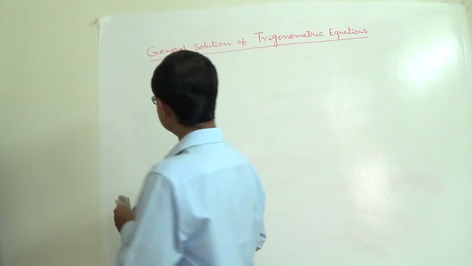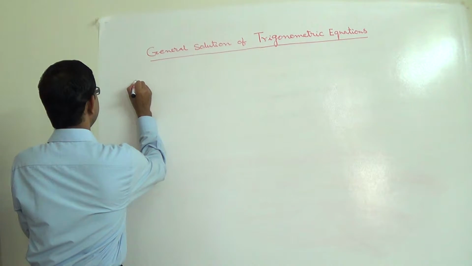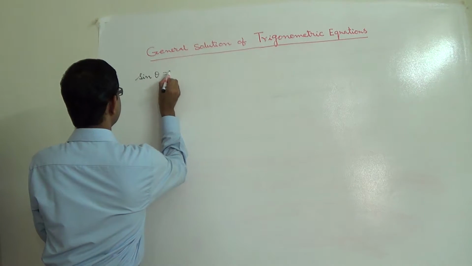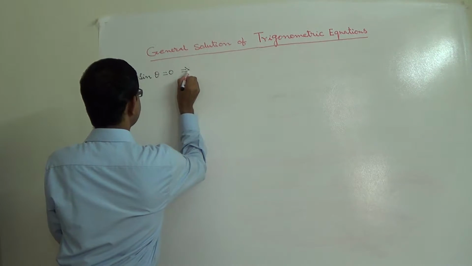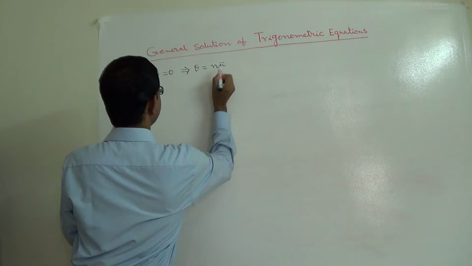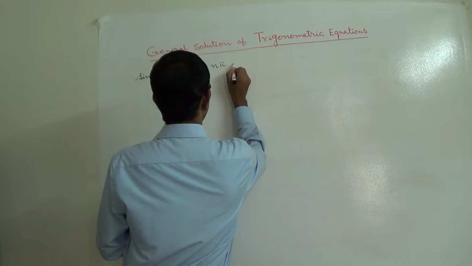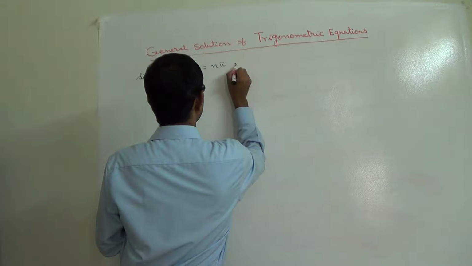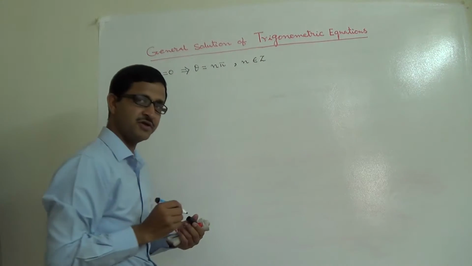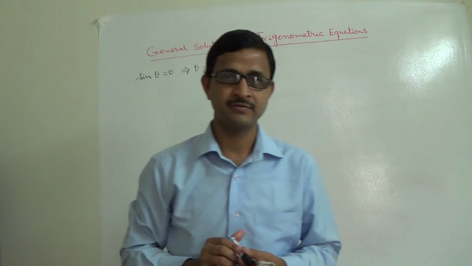So here it is, if sin theta is equal to 0, that implies theta equal to n pi, where n belongs to Z, the set of integers. Okay.